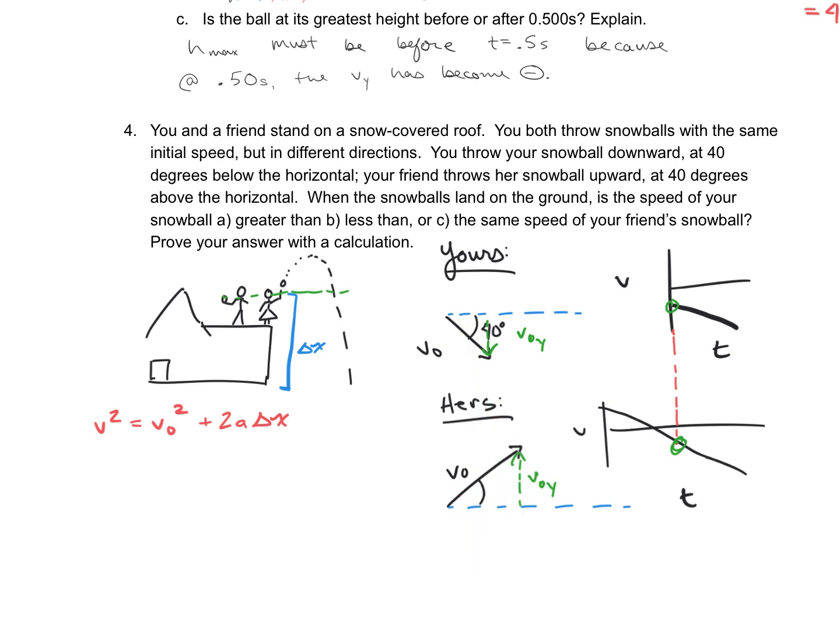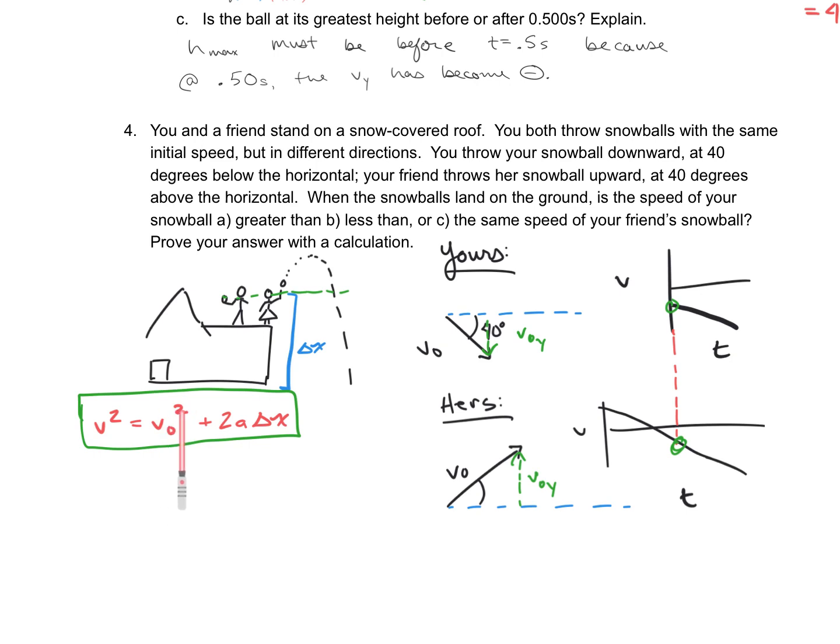It's just that one is up and one is down, and in the equation that we use to illustrate the final velocity at the end, the change in position is the same. It starts here and ends here. We don't need to calculate the distance that the snowball travels, we need to calculate the change in position. The acceleration due to gravity is the same.